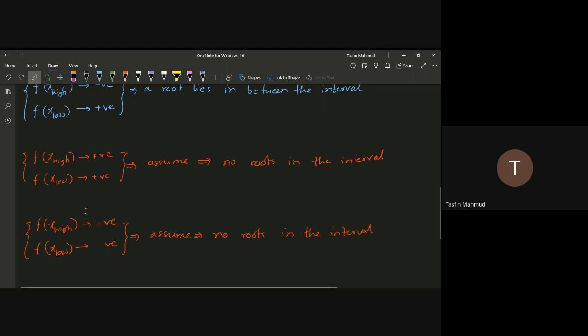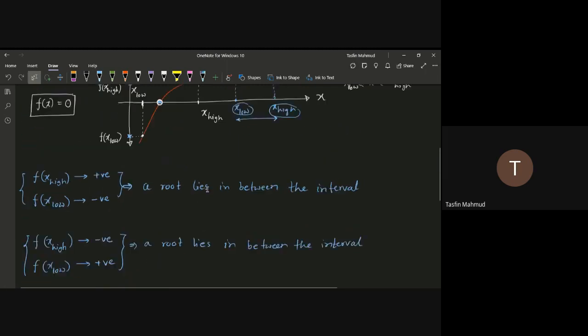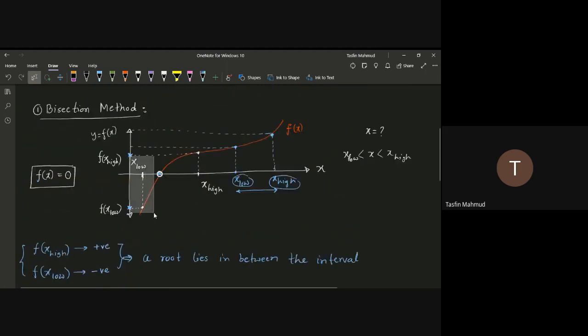Both negative values means, let's assume we have this type of thing. I'm going to delete this one. Let's assume our interval is given like this. We have been given this point and this point. I'm erasing these portions. Let's assume our given interval is now here.